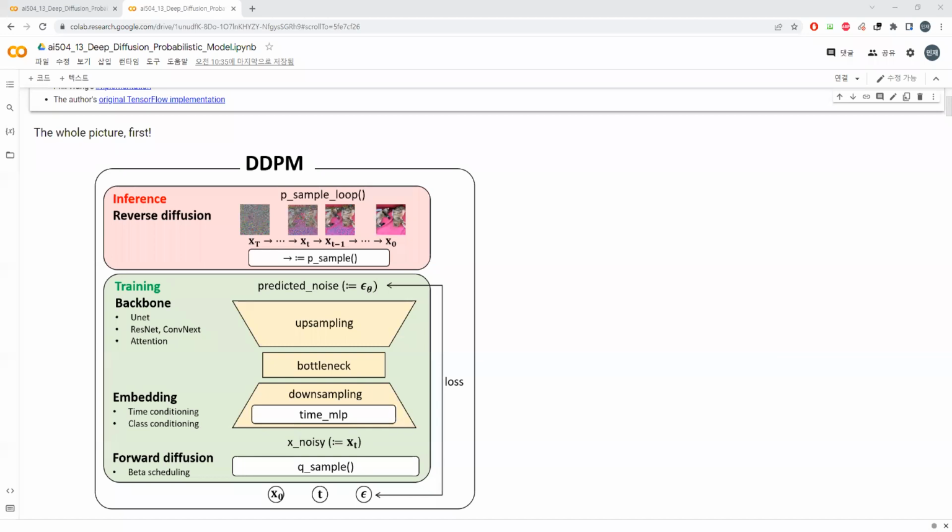Till now clear? Is it clear until now? Because this is the basic flow, or logical flow, in DDPM. So if you don't understand this, at least this figure, then you will get lost.